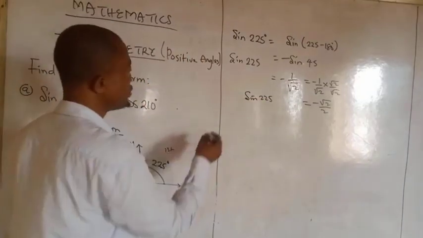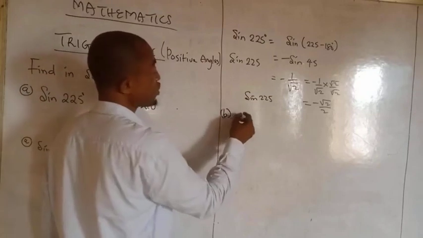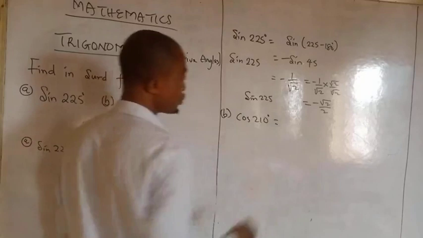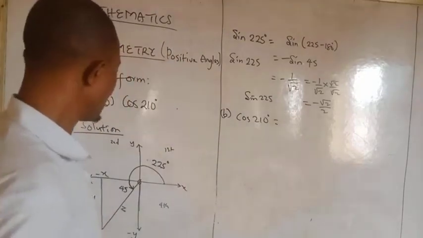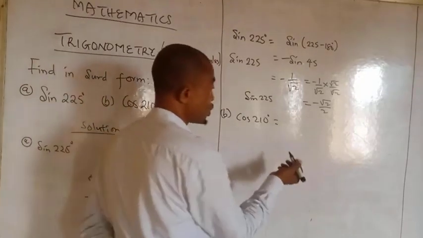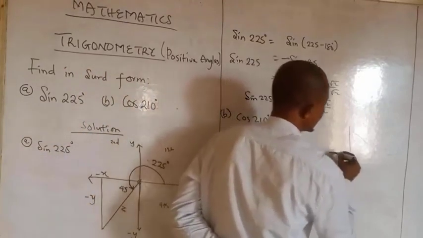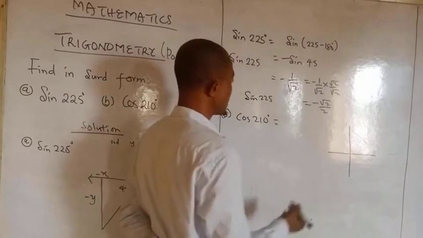Then the second one, B, you are looking for cos 210 degrees. Cos 210. The same way, we draw our quadrants.